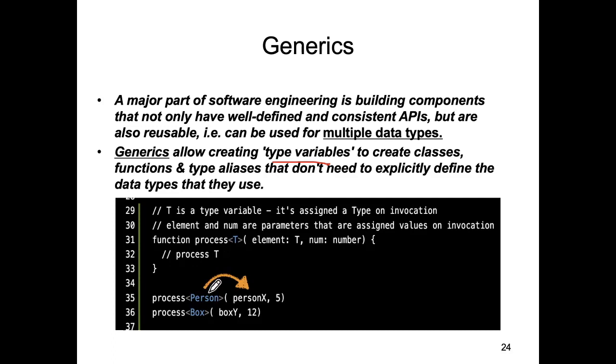A person is, let's say, a custom type that I've defined elsewhere in my code base, which means that this parameter here, its name suggests that it is probably a person, but this parameter has to be an object of type person, because when I declared my function up here, I said that the first parameter has to be of type T. And now I've instantiated, if you like, I've bound person to this variable T. So person X better be an object of type person, otherwise the compiler will throw a complaint.